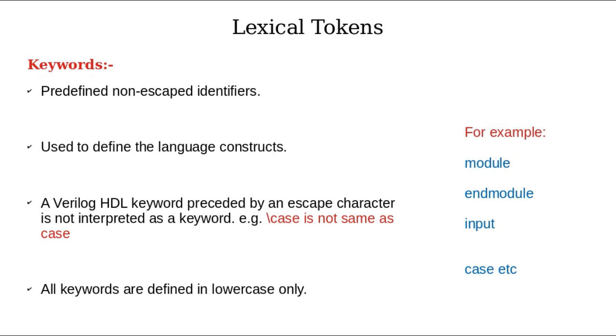For example, case is a keyword, but when we use \case, it is not a keyword, it is an escaped identifier. All keywords are defined in lowercase only. There are a few examples which show some keywords used in Verilog HDL, such as module, endmodule, input, case, etc.